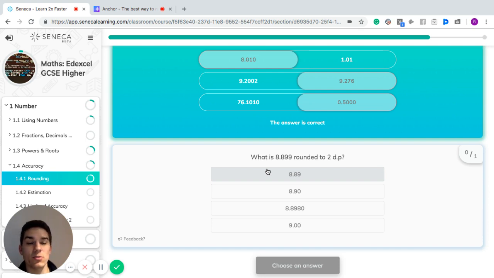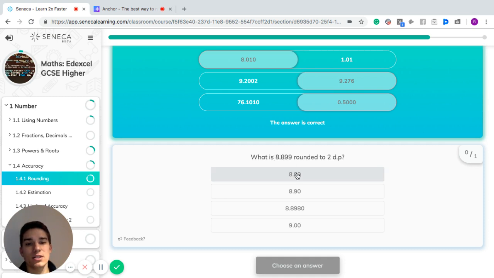The reason that last one is to four significant figures is because the first significant figure is 5. That's in the tenths column. So 0.5, and then we've got to have three more significant figures to make it to four significant figures.